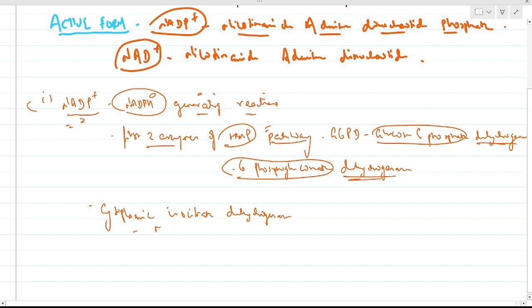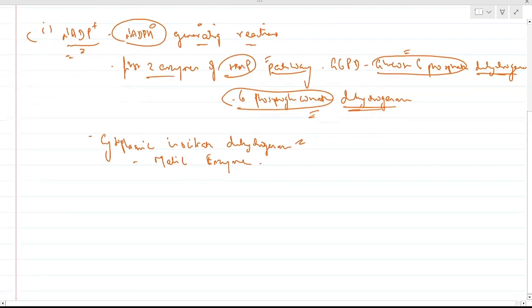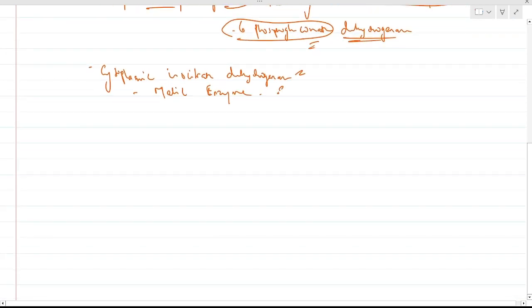The last one we also need to remember is the malic enzyme. So the NADP+ requiring enzymes are glucose 6 phosphate dehydrogenase and 6 phosphogluconate dehydrogenase. The other two we need to remember along with them are cytoplasmic isocitrate dehydrogenase and the malic enzyme.